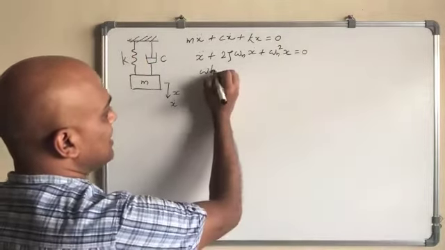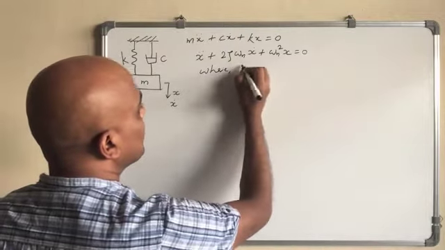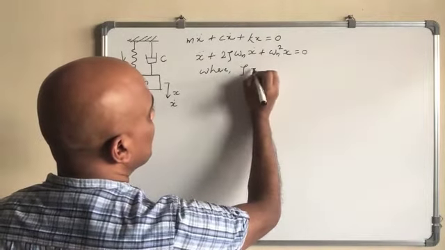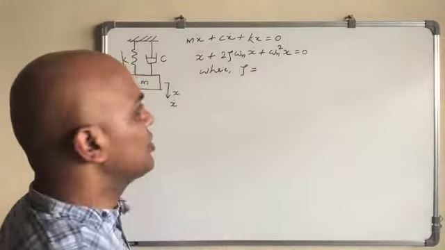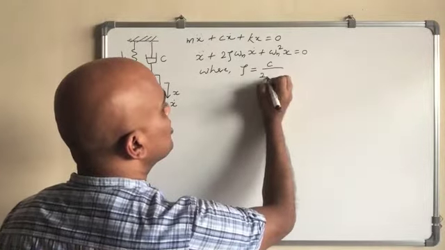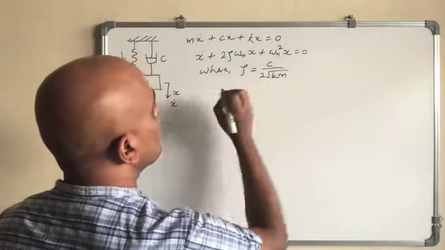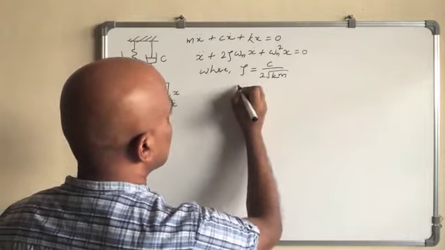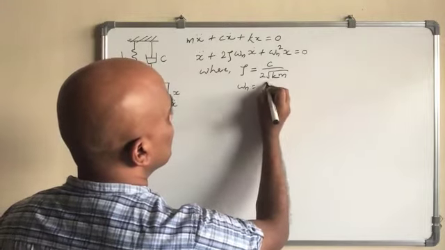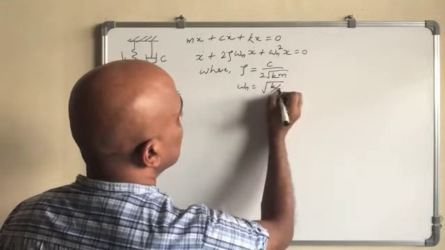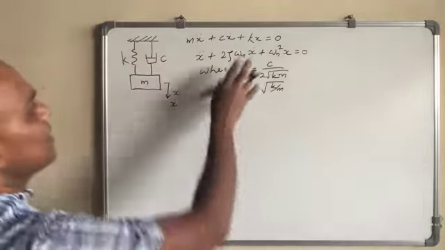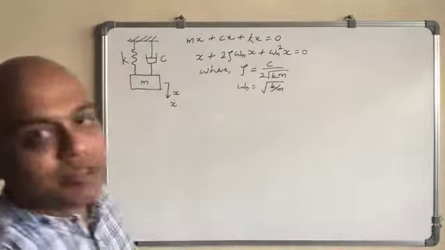We wrote it like that yesterday. Where zeta is equal to c over 2 root km, and omega n was equal to root k over m. So this equation we have used.